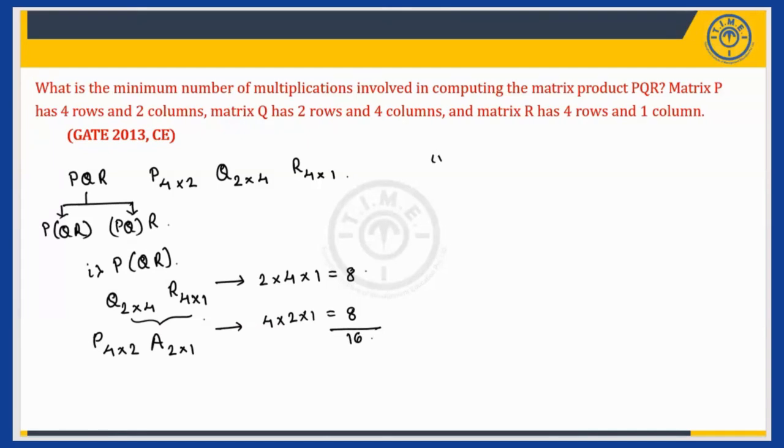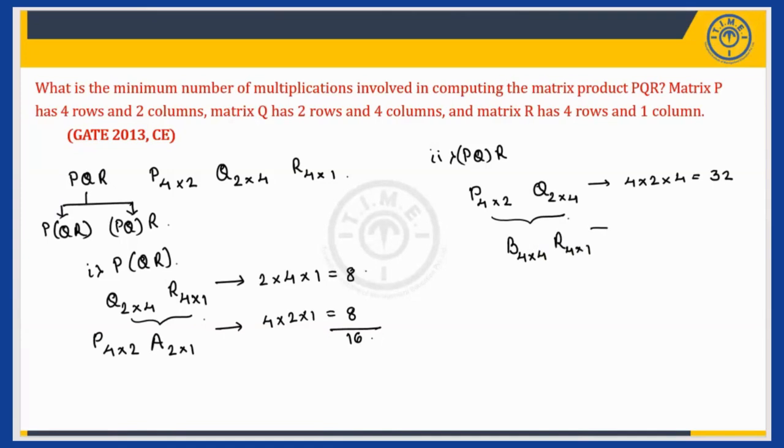And in the second case, PQ into R. P is of order 4 cross 2 and Q is of order 2 cross 4. Then the number of multiplications is 4 into 2 into 4, which is 32. And say the result is B, of order 4 cross 4, and R is of order 4 cross 1.